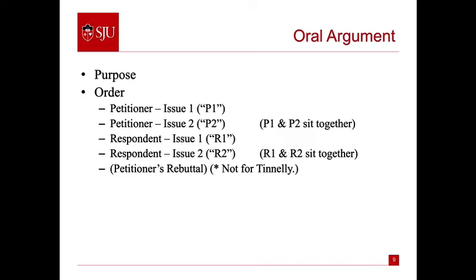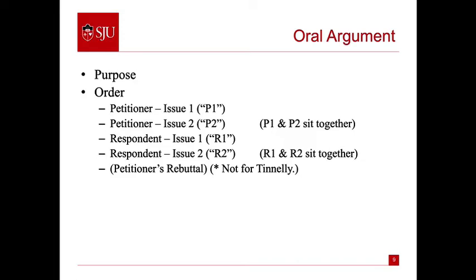The judges in moot court know this order. Nevertheless, if you are a P1 or R1, your introduction should indicate who you are representing and the name of your co-counsel and how you are dividing up the argument.